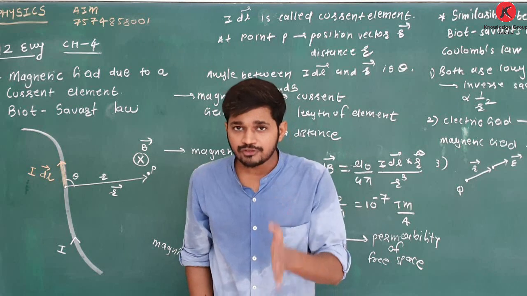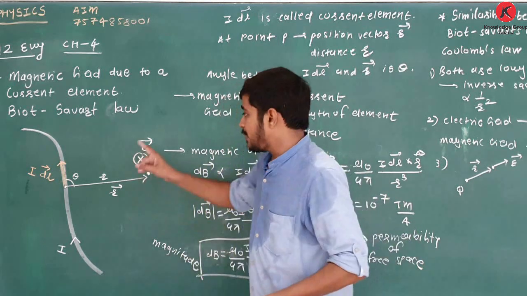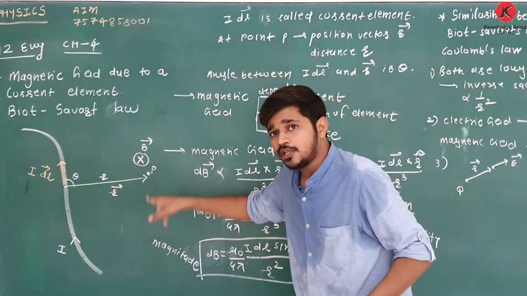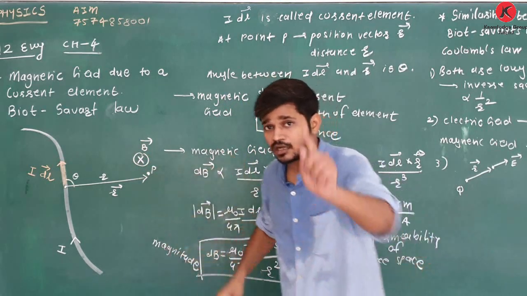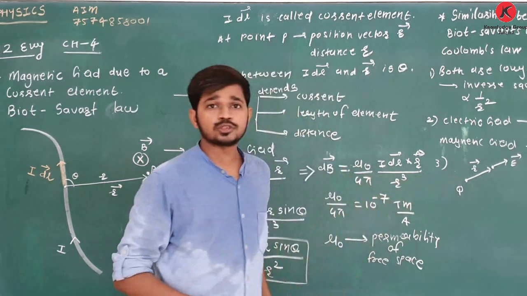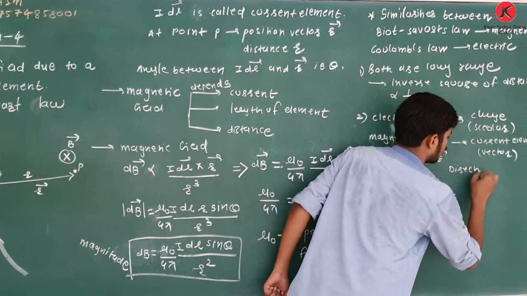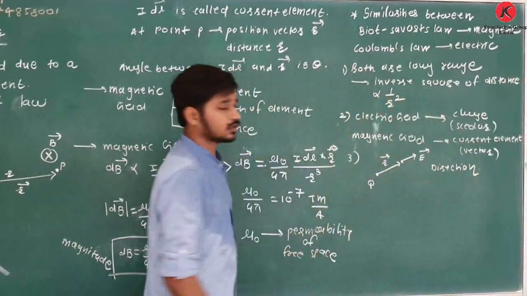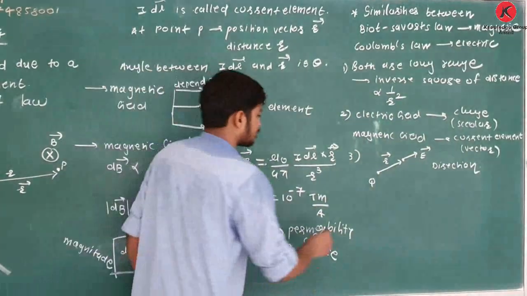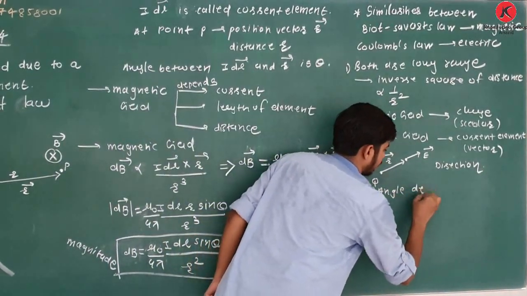Electric field is along the position vector, while magnetic field is perpendicular to the position vector. Clear about this? So that is all about the third point, that is about direction. Clear about this?